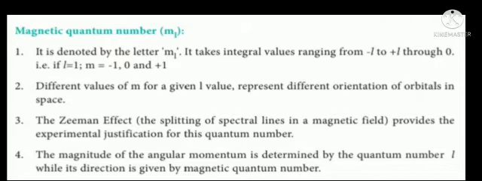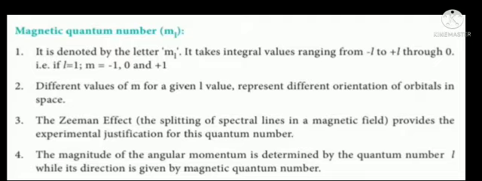Different values of m represent different orbitals. For example, for L equal to 1, it has m equal to minus 1, 0, plus 1. Hence, it contains 3 different values. It is to be given for second point.